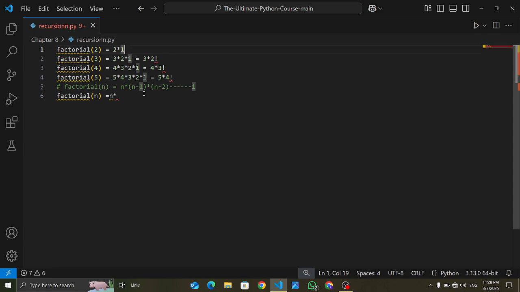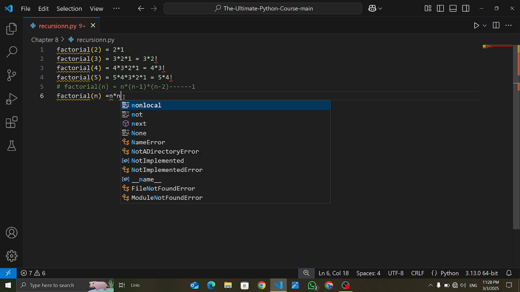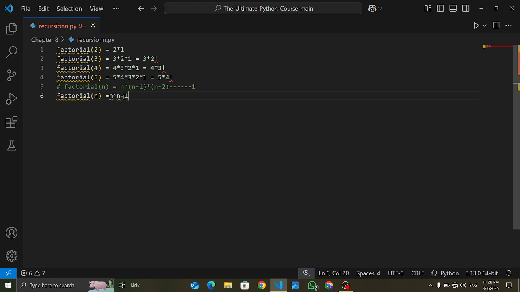So can we say that factorial n is nothing but n multiplied by n minus 1 factorial? Yes, so this is the formula that we needed.